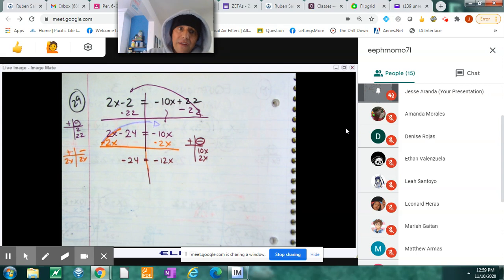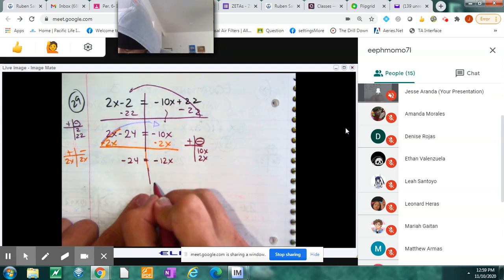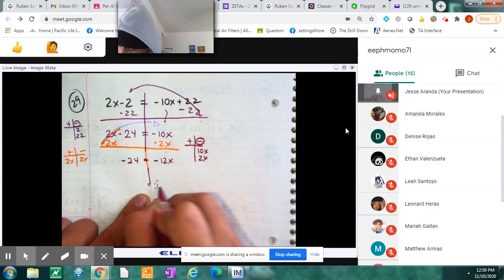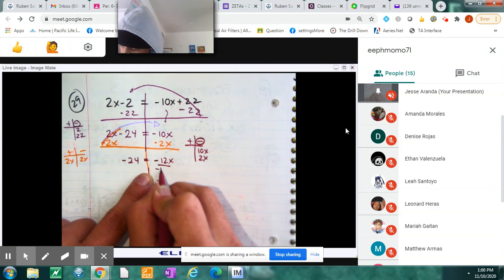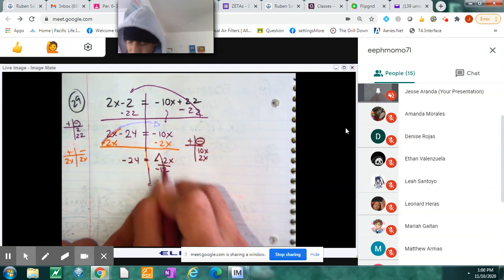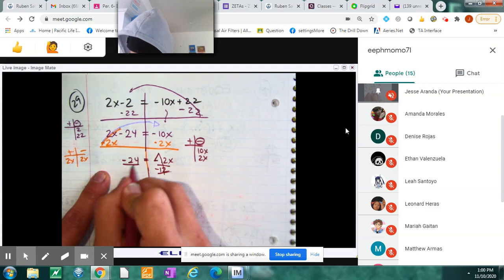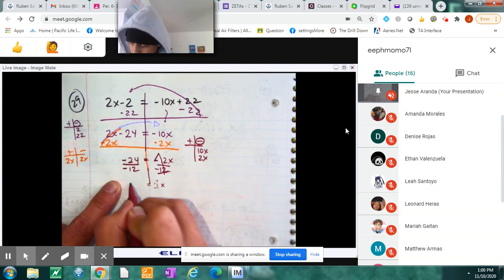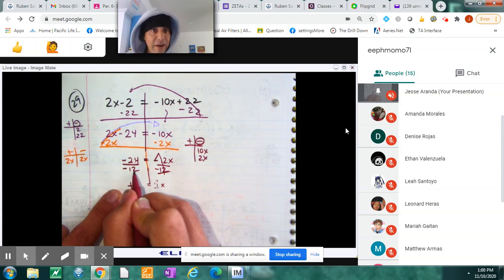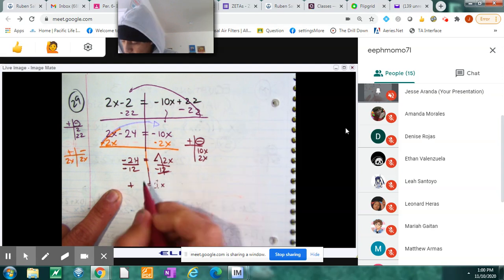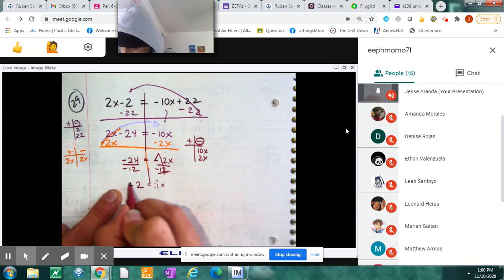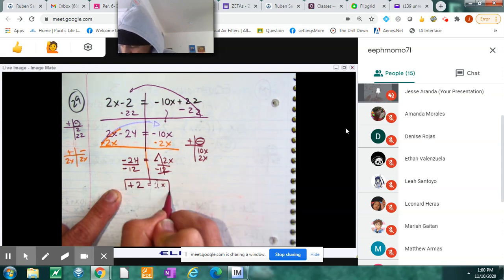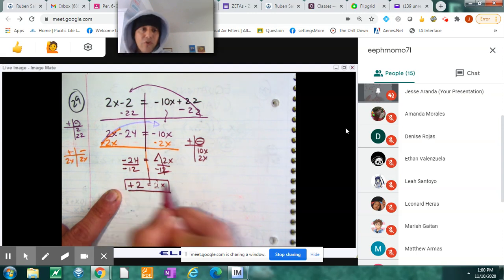Now I'm left with -12x, that's going to be a 1x, so now I have to divide by -12. What's negative divided by negative? Positive. And 24 divided by 12, or 12 times what is 24? It's 2. So there you go. 2 equals x.